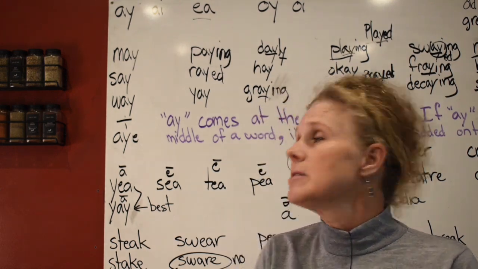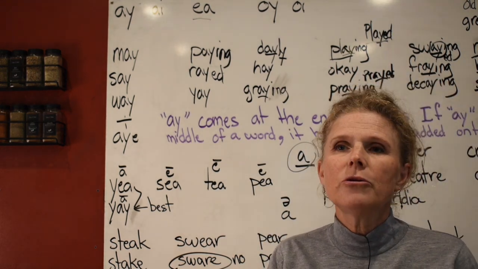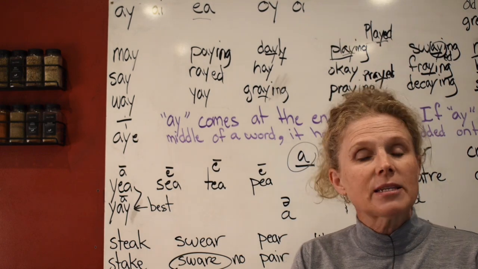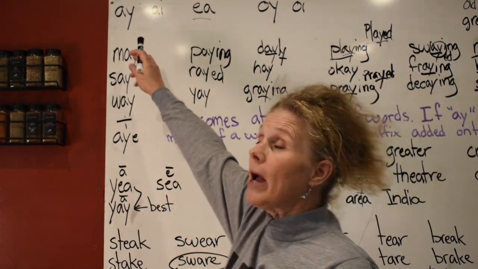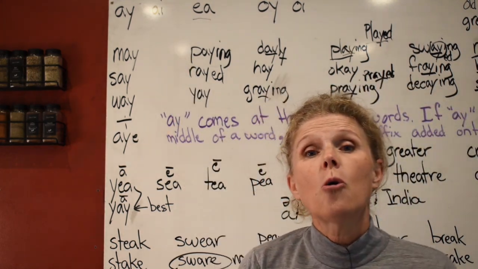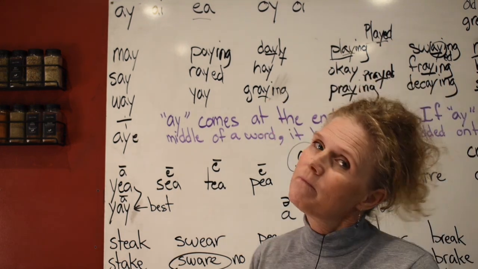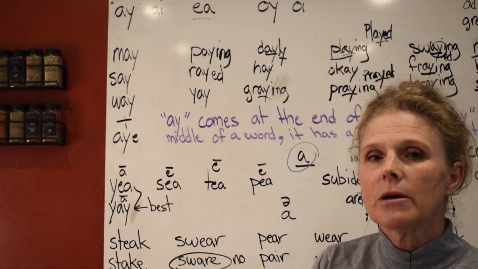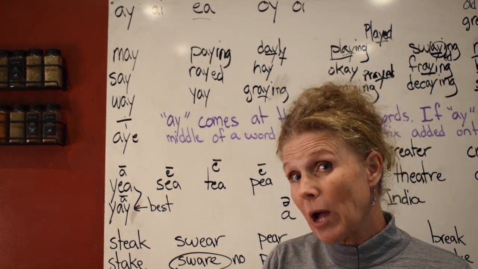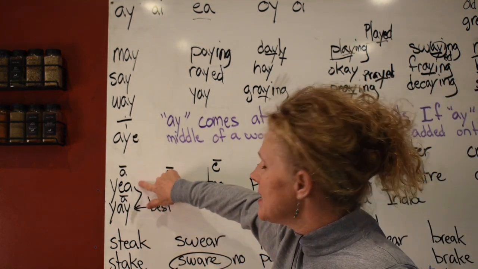And this vowel team, EA, it needs to be studied. You can't just look at that and say, oh, that's going to say A. Like AY, you know it's going to say A. AI, you know it's going to say A. But EA, you're going to have to really study the words to know how to actually read that word. Now look, this says A.